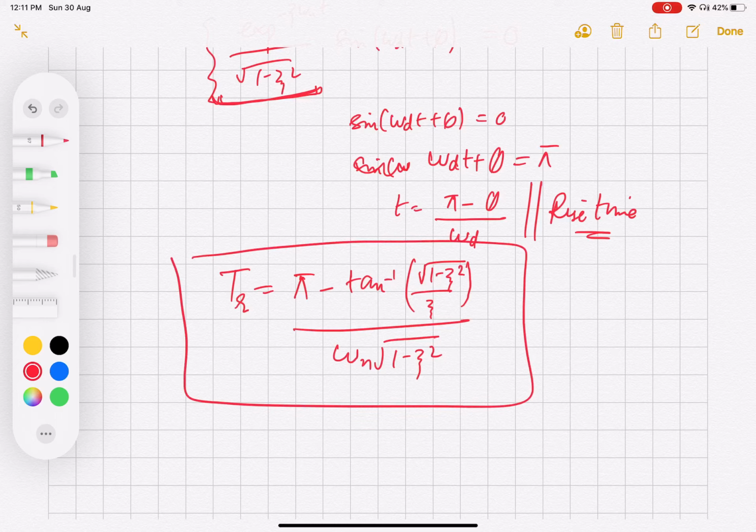Please remember that the Book of Nise does not give this expression for rise time, because there the rise time definition is the time taken to rise from 10 to 90%. But this is given in some other books where the rise time definition that is taken is the time taken from 0 to 100% of the steady state value for the first time. So this is the analytical expression for rise time. We see that it is a function of both omega n as well as zeta.